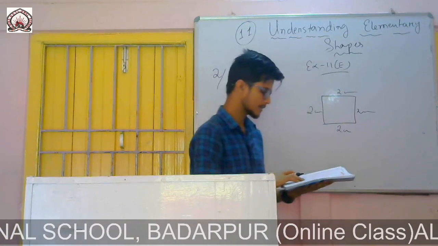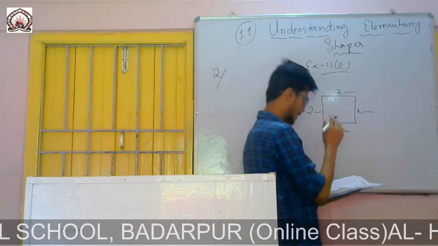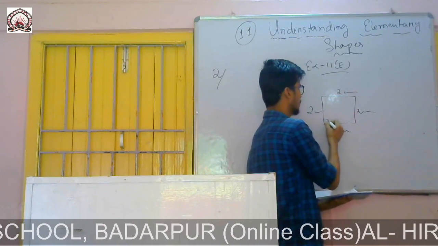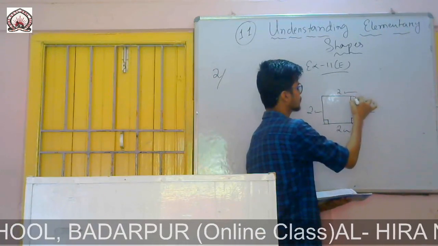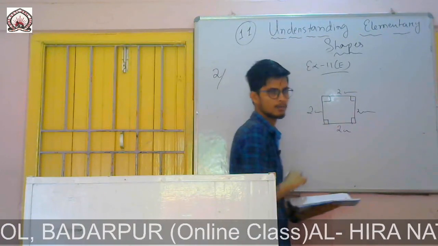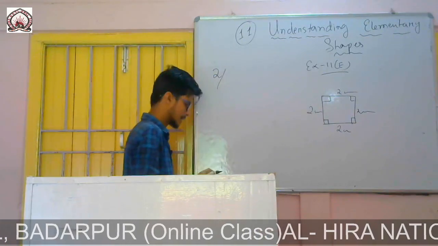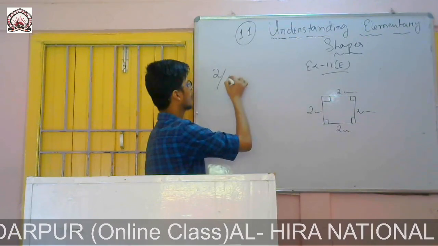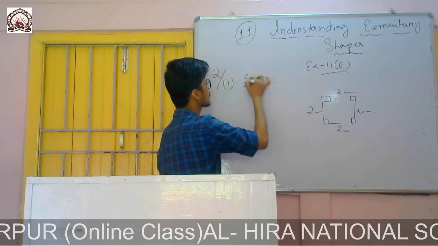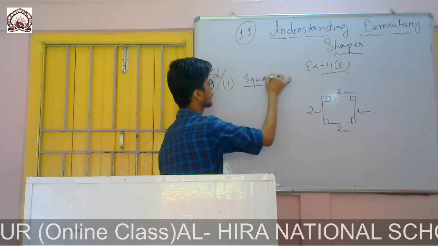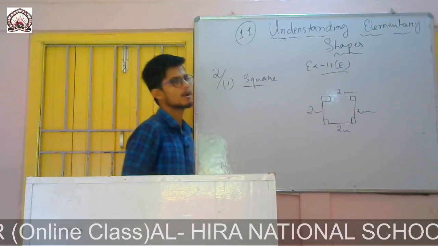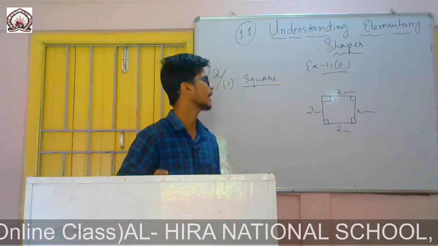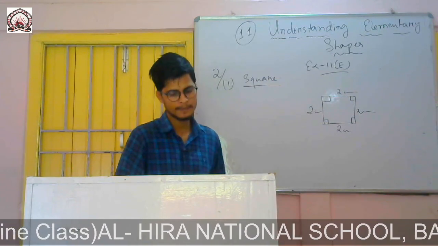All angles are equal, that means they should each be 90 degrees. In such a case, the figure is a square. So Roman number 1 answer is square. Only in case of a square, all the angles will be equal and the sides will be the same.